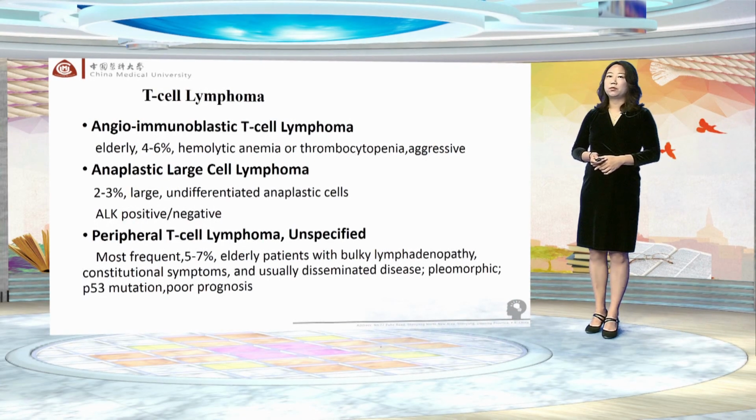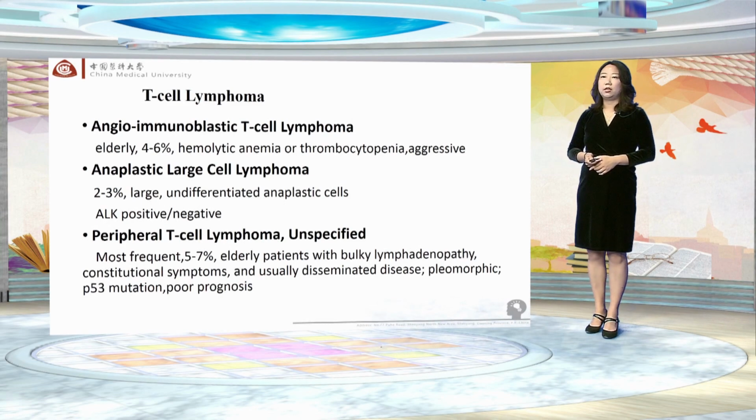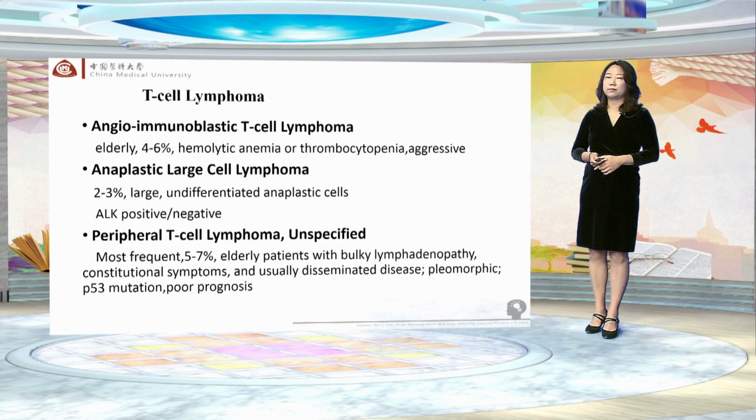Patients may suffer from Coombs-positive hemolytic anemia or thrombocytopenia, and the EBV genome is included in nearly 100% of lymph node T cells. The course of the disease is aggressive.